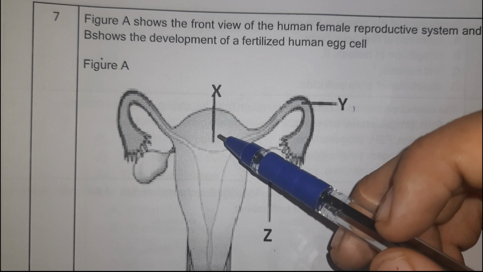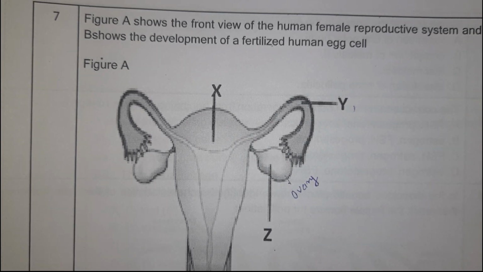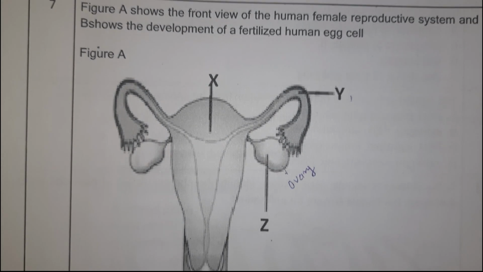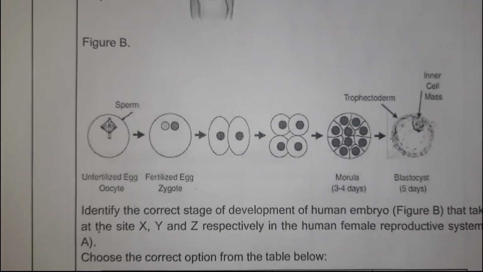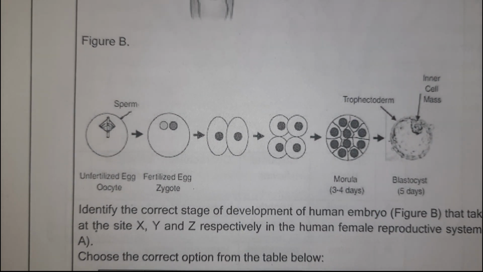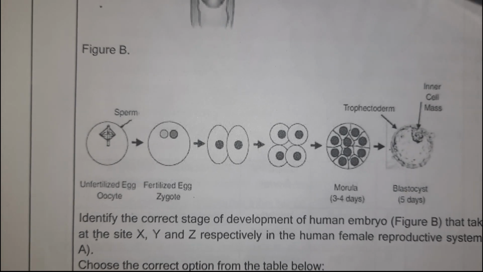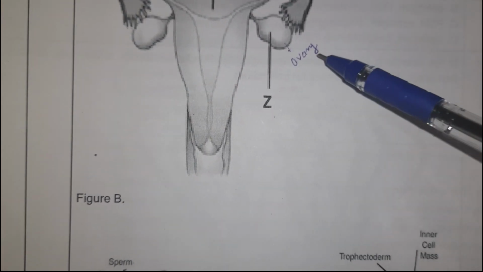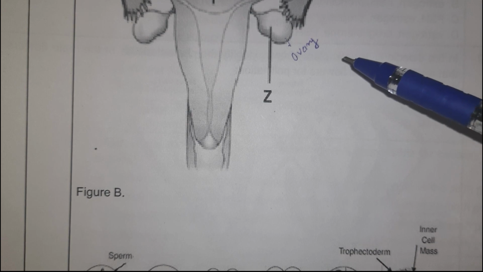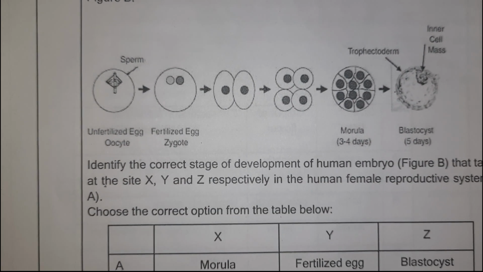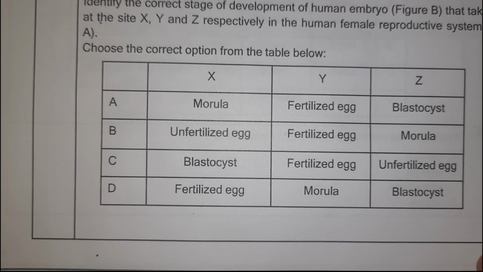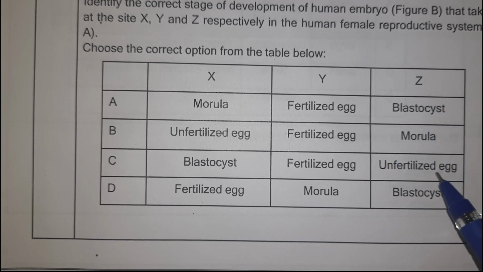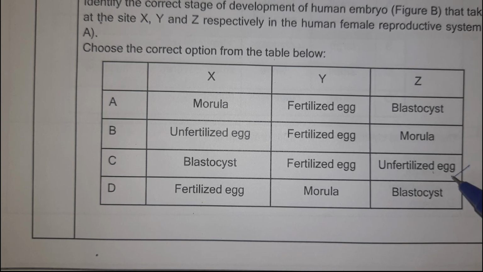And X is the endometrium, the lining of the uterus. We start with Z. Z is the ovary, and the ovary contains an unfertilized egg. Therefore, when looking at the options, we consider Z to be an unfertilized egg. Only by looking at a single option, we have come to the answer.